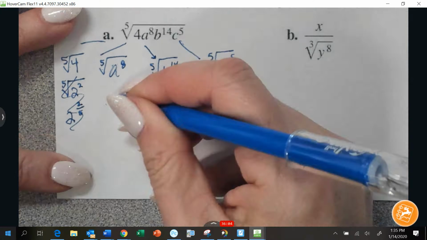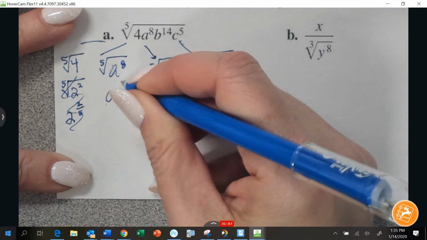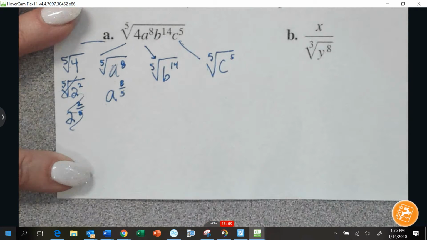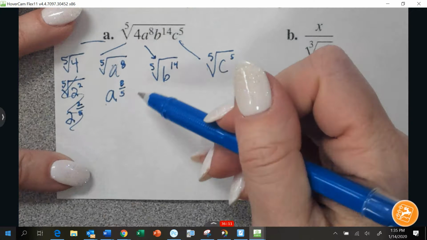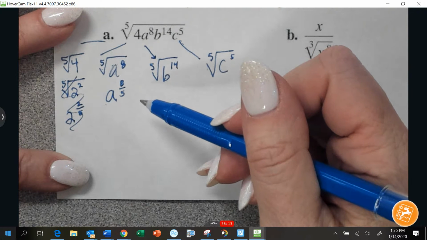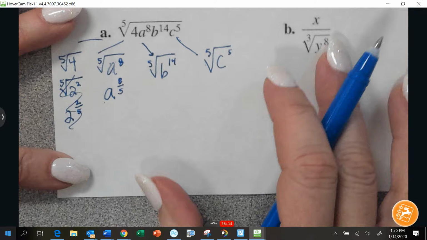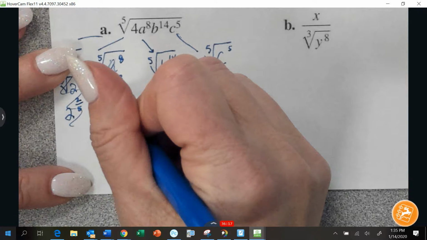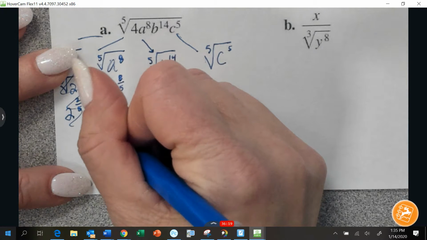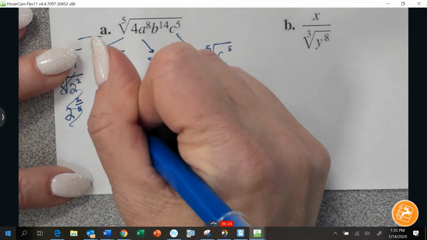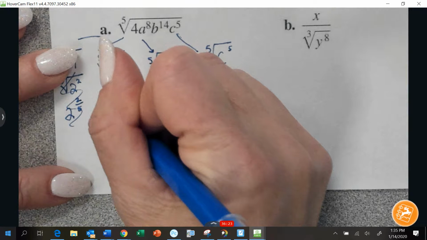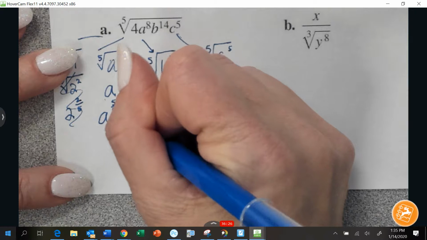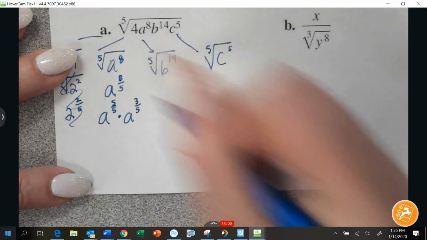The next one I'm going to rewrite as a to the 8/5. Does 5 go into 8 at all? Yeah, so guess what we're going to do? We're going to use one of our properties, multiplying like bases. I'm just going to unmultiply them. I'm going to have a to the 5/5 multiplied by a to the 3/5.